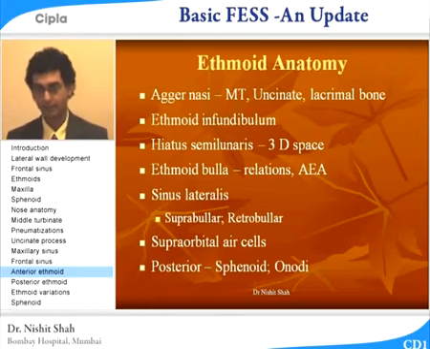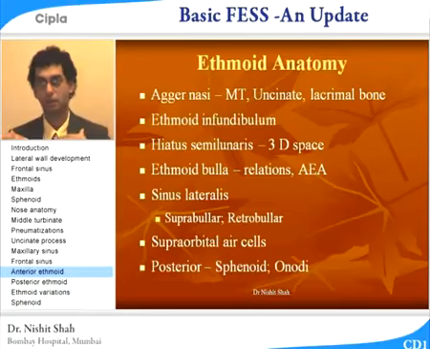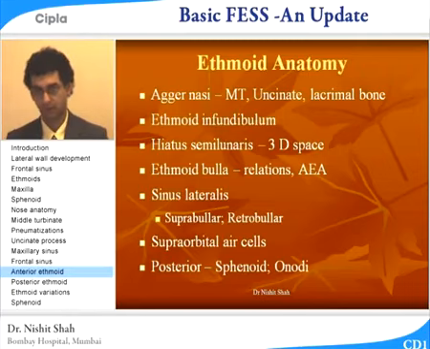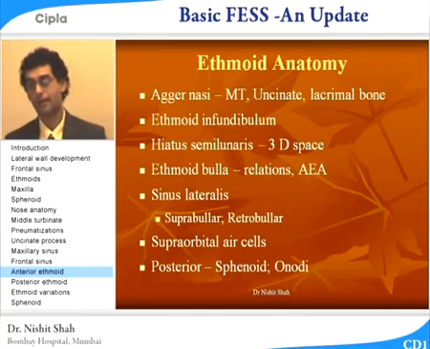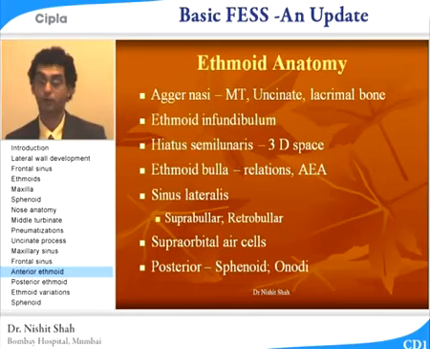The ethmoid bulla itself is the most prominent of the anterior ethmoid cells, and above which will be the anterior ethmoid artery. Lateral to it is the orbital lamina papyracea, and posterior to it will come the ground lamella and occasionally the retrobulbar recess.